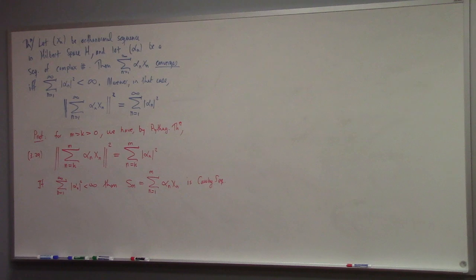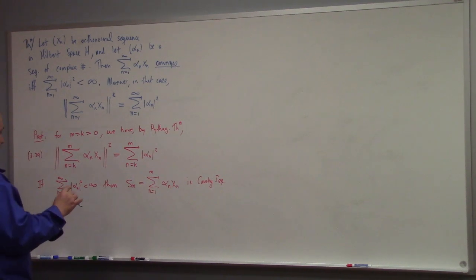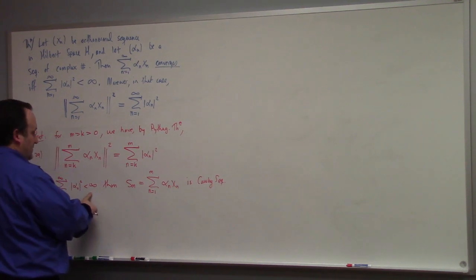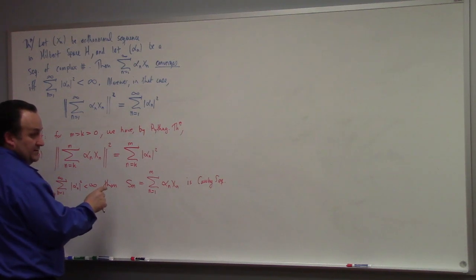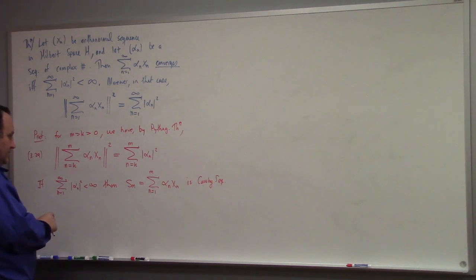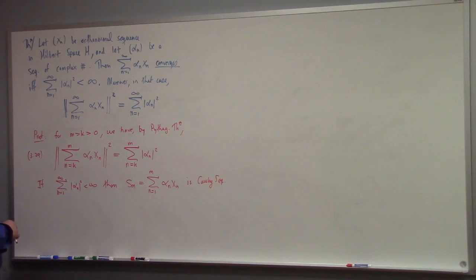Oh, is it because it's just complex? Well, sorry. So, this is, oh wait, no, it's bounded. If we know by equality, the other has to be bounded. So the sum of alpha n squared is bounded, is what he said.